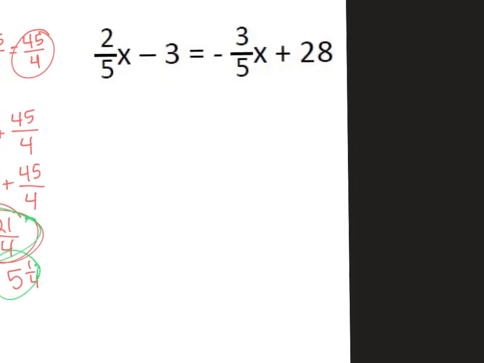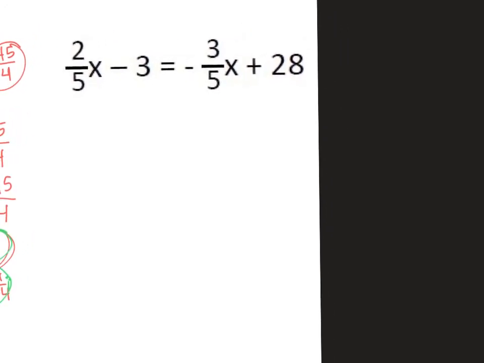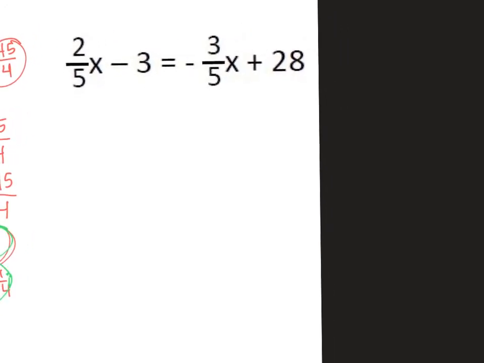I don't know if I'm going to have room to do my work over here. We want all of our x's on one side of the equal sign. I don't know if this line is helpful to you guys or not, to know that we have to do the same thing to both sides. We'll say it is helpful.